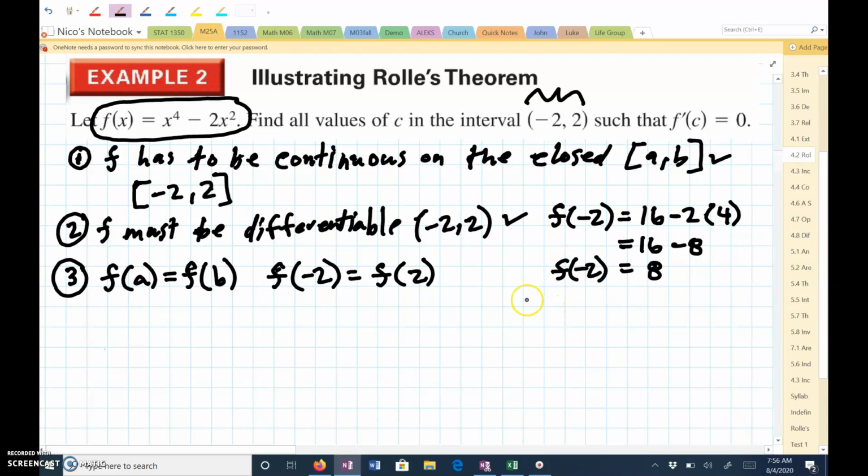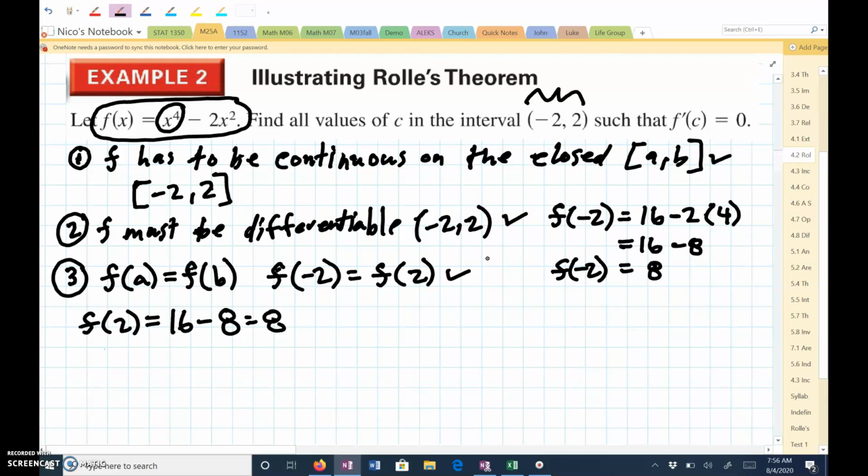Now let's try f of 2. F of 2, 2 times 2 times 2 times 2 is 16, minus 2 times 2 times 2 is 8. That's also going to be 8, so this checks.